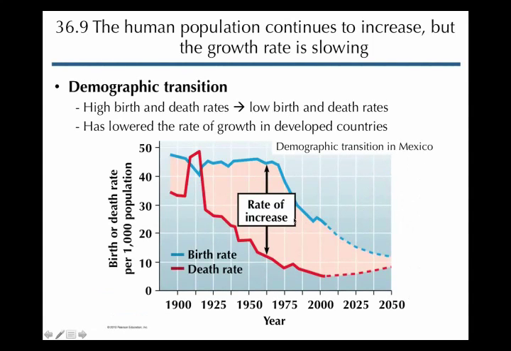And the rate of increase is really dictated by how many births there are compared to how many deaths, right? Because deaths take out individuals from the population, while births add individuals to the population. So you can see countries go through transitions, or whatever level you want to look at, populations go through transitions. Where the death rate gets lower and the birth rate is higher, that's going to be a really high rate of increase in the population.